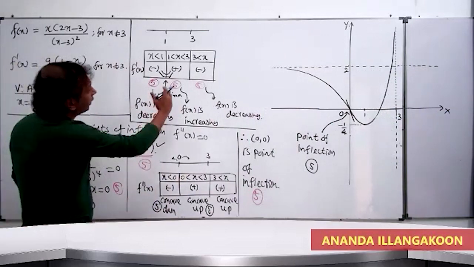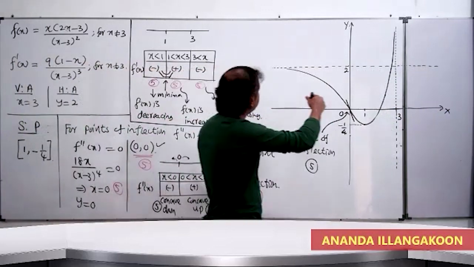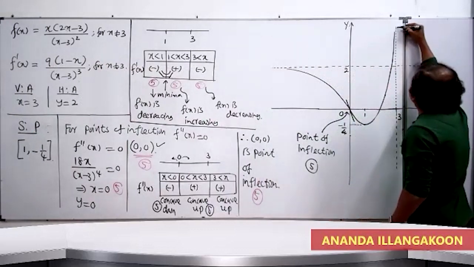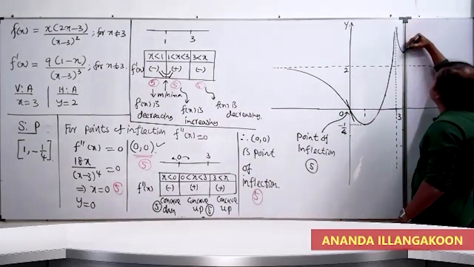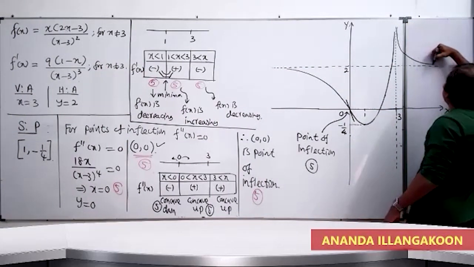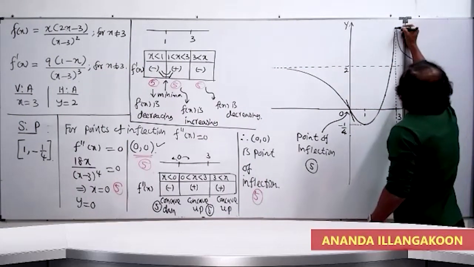And on the right hand side of 3, the gradient is negative. At y equals 2, there is a horizontal asymptote. So therefore the graph should be like this, no? This is the graph now.